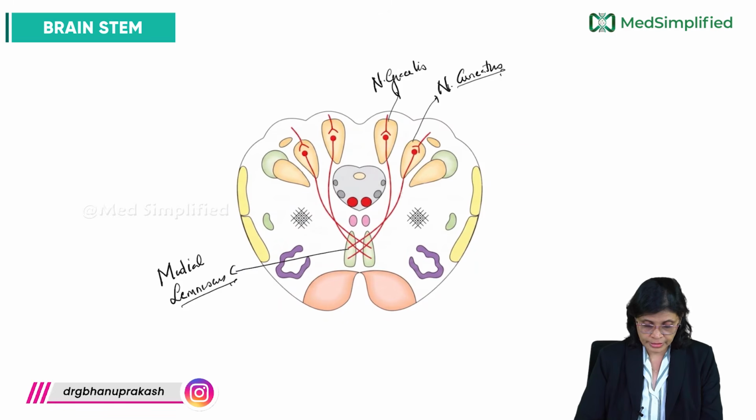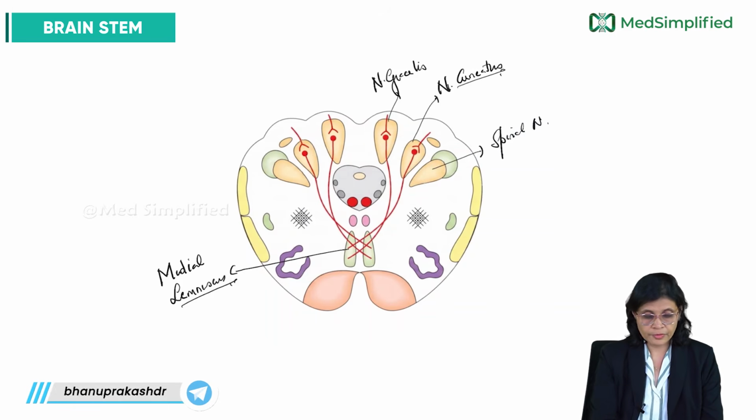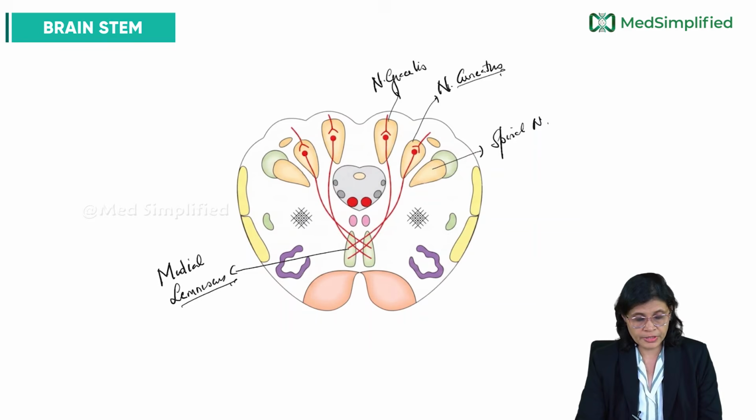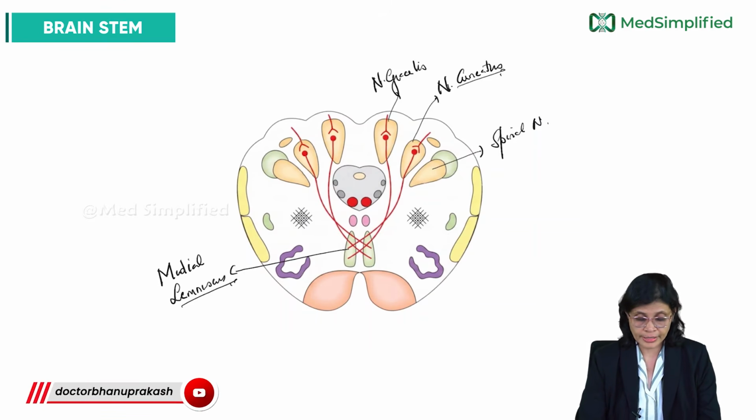These second order fibers which are beginning, we call the internal arcuate fibers, and they will be cutting off the spinal nucleus of the trigeminal. This will basically be carrying the sensations from the face, the ipsilateral pain and temperature sensations from the face and forehead.